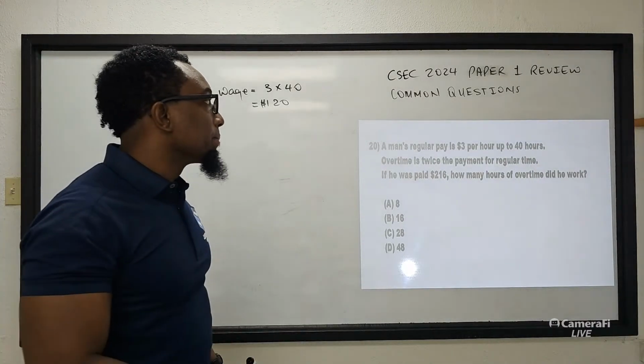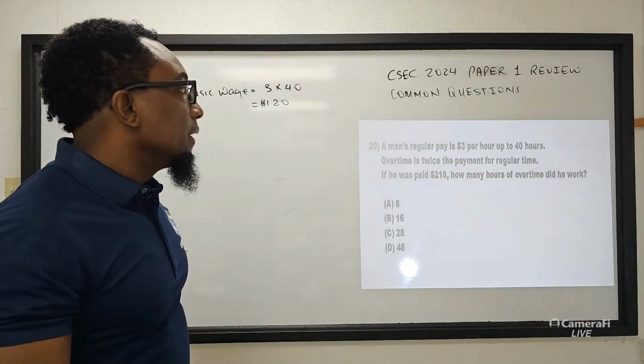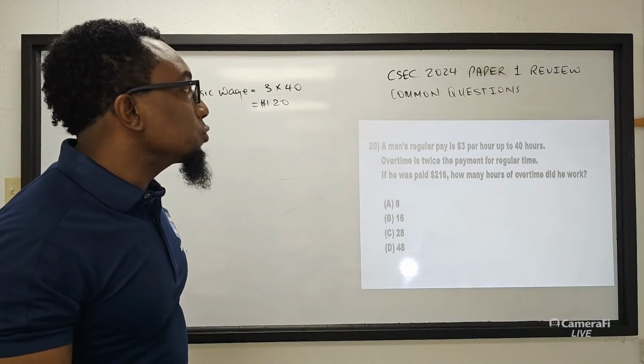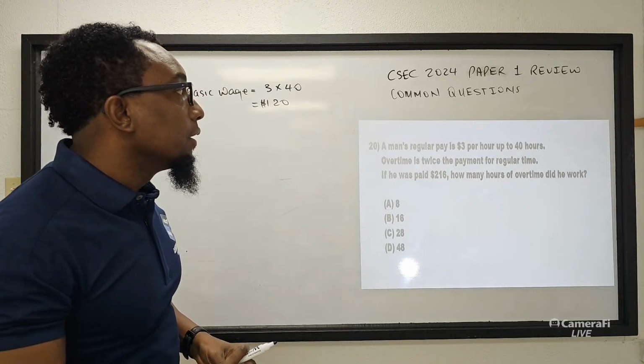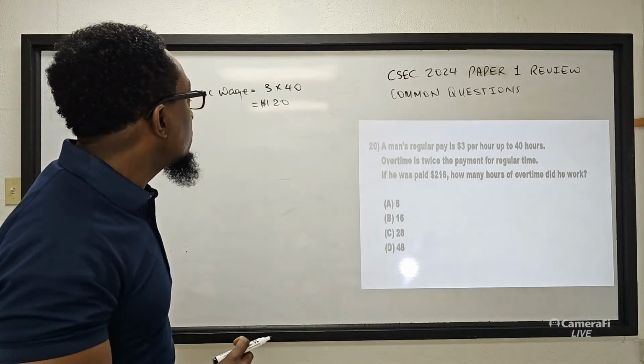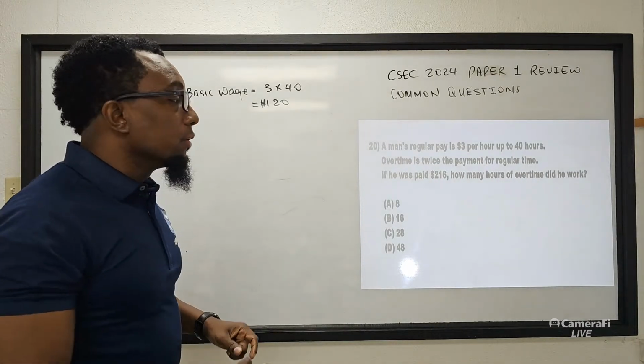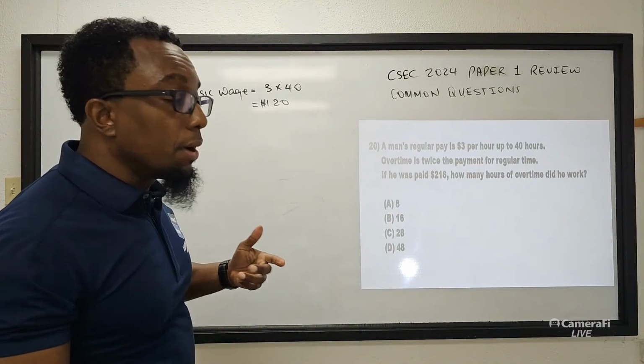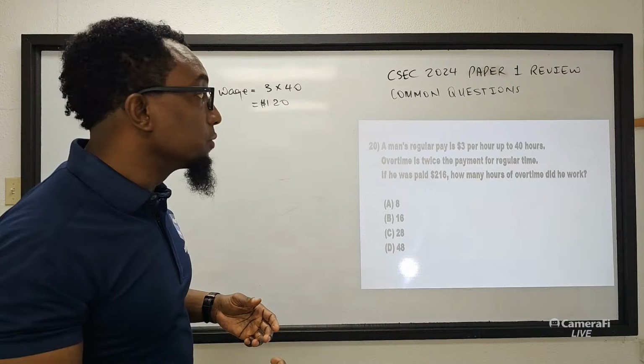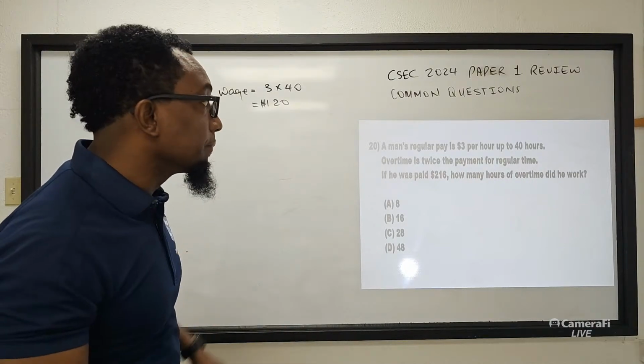$120. Good? Now, it says here overtime is twice the payment for the regular time. Alright? So anytime you work overtime, you obviously will be paid more per hour for the additional hours worked.